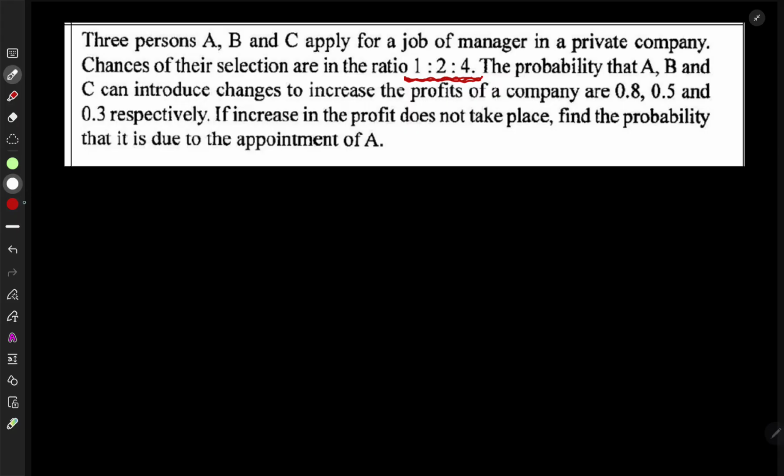After that it is saying the probabilities that A, B, C introduce changes to increase the profit of the company are 0.8, 0.5 and 0.3 respectively.